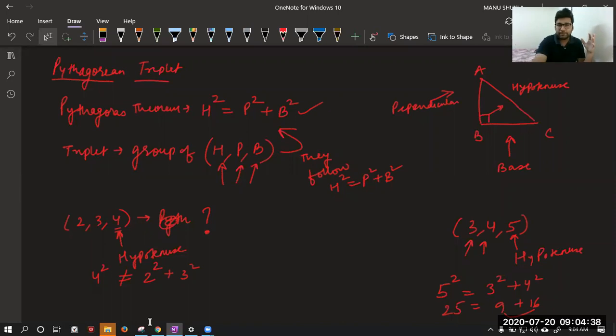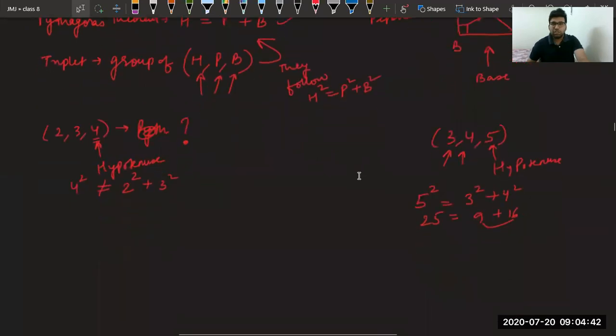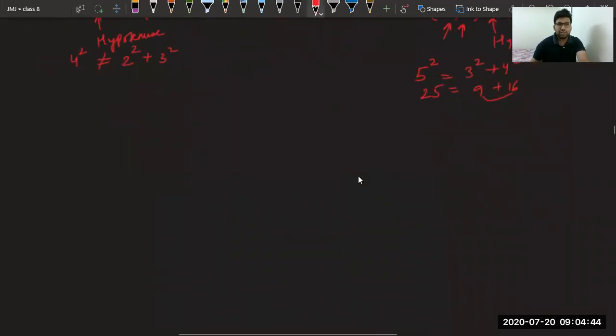Okay, let's see how to make the formula. Just now we have seen that 3, 4, 5 are a Pythagorean triplet because 5 squared equals 3 squared plus 4 squared. Now let's write.